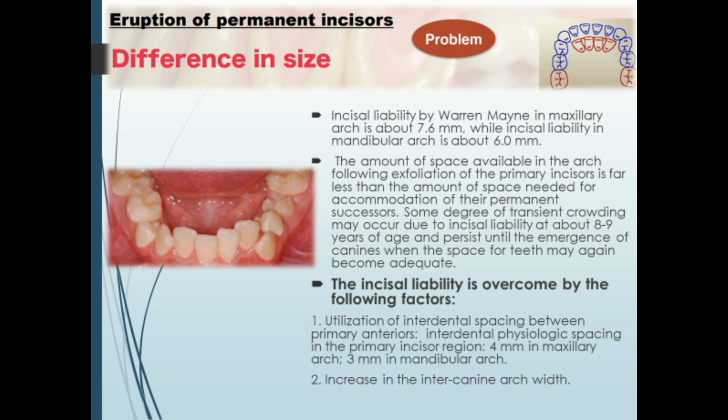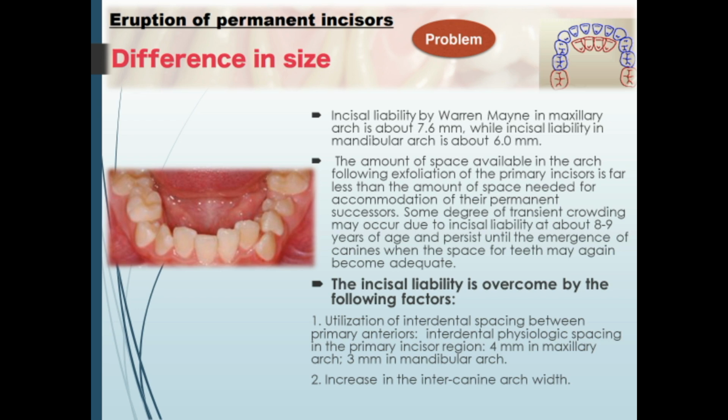That is, the maxillary permanent incisors are larger than their predecessors by 7.6 millimeters, while incisal liability in the mandibular arch is about 6.0 millimeters. That is, mandibular permanent incisors are 6.0 millimeters larger than their predecessors.